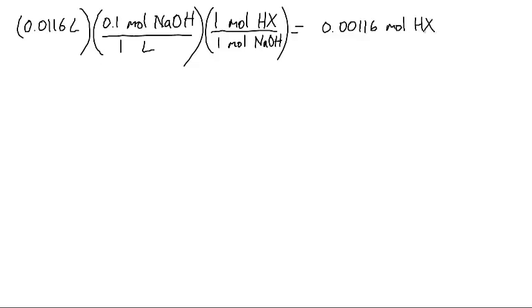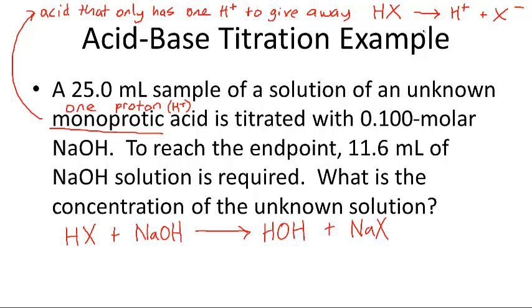of HX. And if I want to know what the concentration is, to get concentration, I need moles divided by liters. So how many liters would I divide by? 0.025, because 25 milliliters is 0.025 liters.